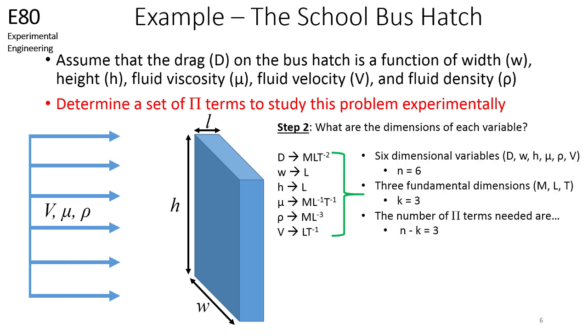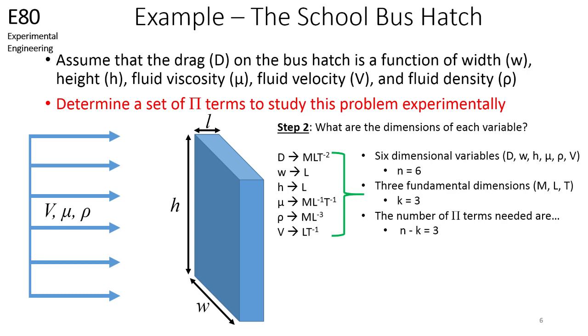Thus far, we have 6 dimensional variables: drag, width, height, fluid viscosity, fluid density, and fluid velocity. Therefore, let's say n equals 6. We see from the list on this slide that there are 3 fundamental dimensions: mass, length, and time.